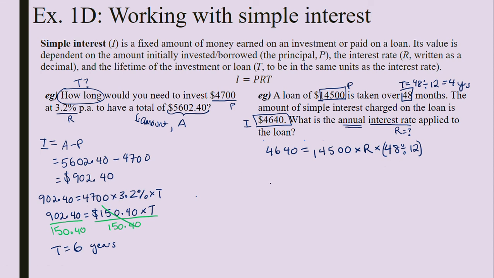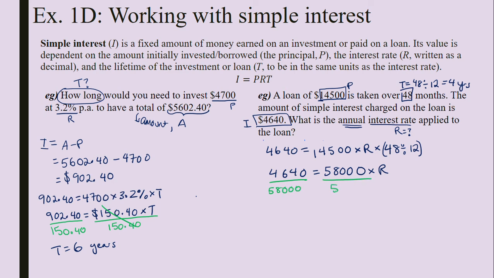Of course, like I did in the previous example, I'm going to simplify this 14,500 times the 48 and then divided by 12. And that gives us $58,000 times R. Okay, and of course, to get R on its own, we need to divide both sides by that 58,000.